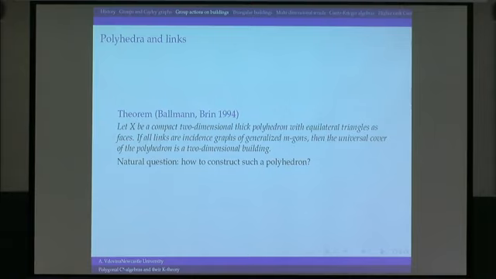But if we manage to construct such a polyhedron, we have an additional bonus, because the fundamental group of this polyhedron will act on the building cocompactly, of course if our polyhedron was finite. It's really similar to the torus. Then the fundamental group of the torus acts cocompactly on this tessellated plane.